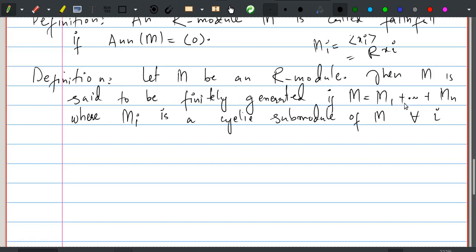So that is what we mean by these submodules being cyclic.